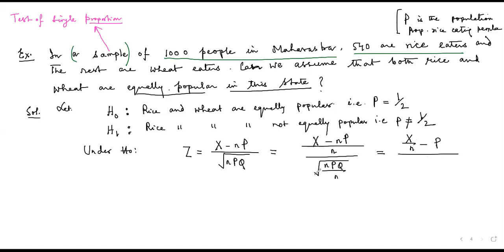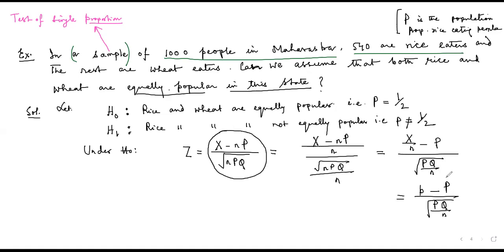This small n that I'm writing over here will not be inside the square root symbol. The writing is wrong. It will be outside the square root symbol, and you can write it as root of PQ by n. Or you can write it as small p minus capital P by root of PQ by n. Either you can use this formula or the other form. Both of them are the same.